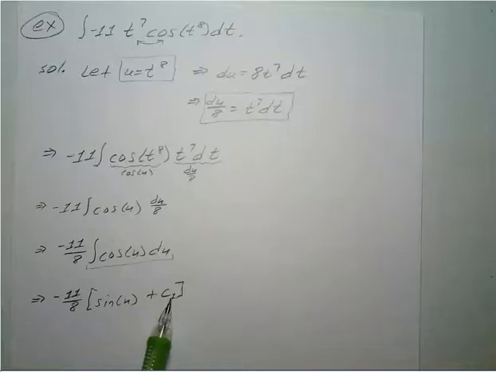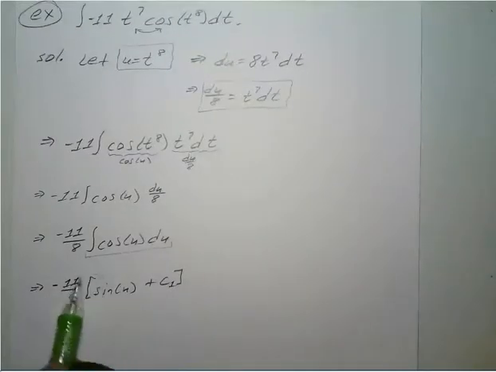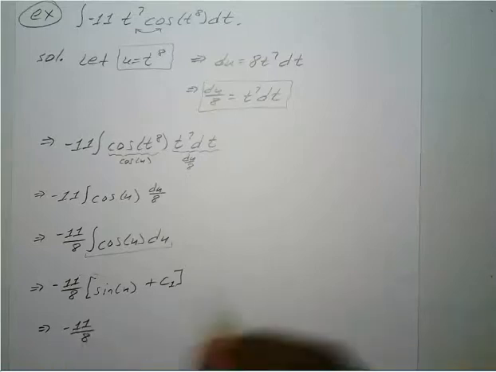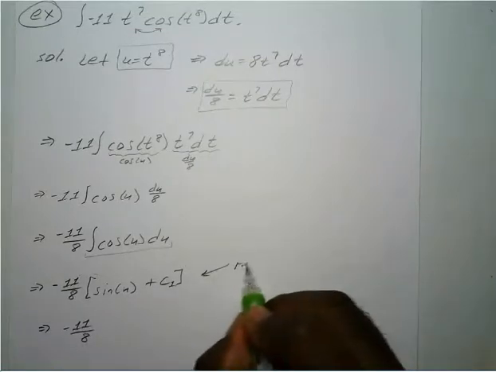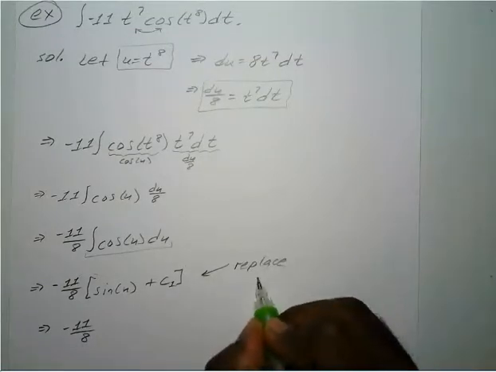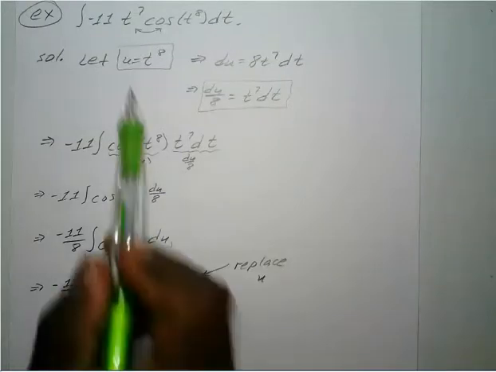You don't have to, but it's really kind of an unnecessary step. I'll show you why we're making that C number 1: it's because when you distribute the negative 11 over 8, that's going to give you negative 11 over 8 times c. And of course, we're going to replace our u with t to the 8th.